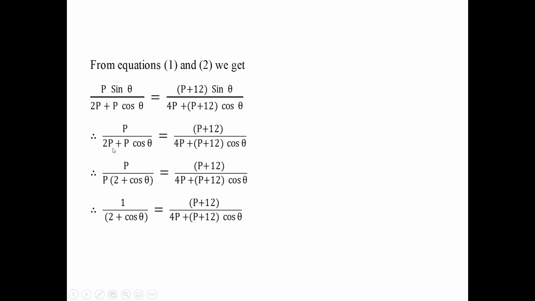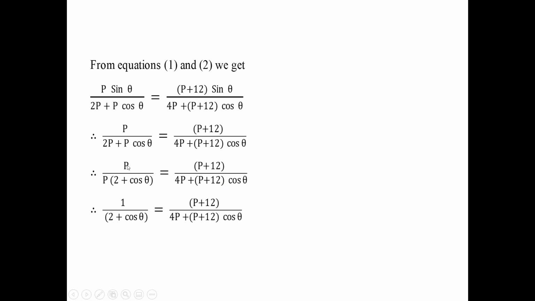On the denominator on the left hand side, 2p plus p cos theta, take p common. This denominator becomes p into (2 plus cos theta). So the left hand side becomes p divided by p into (2 plus cos theta), equal to the right hand side, (p plus 12) divided by 4p plus (p plus 12) cos theta.